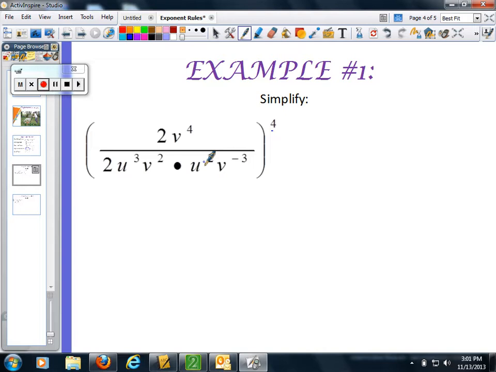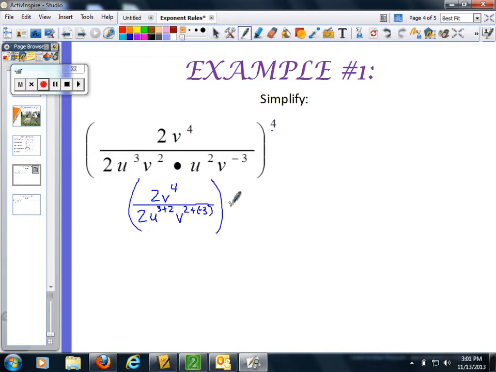So I would actually start by combining the u to the 3rd and u squared, and v squared and v to the negative 3rd. I can combine those, and that's going to give me 2v to the 4th over 2, since I have a 1 here, so it's just 2 times 1, so it's 2, u to the 3rd plus the 2, and v squared plus the negative 3.